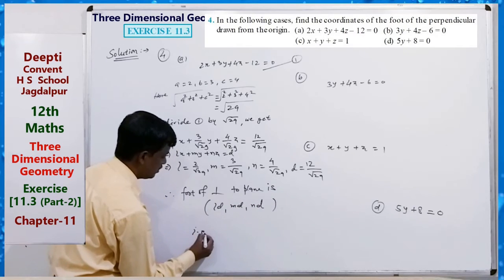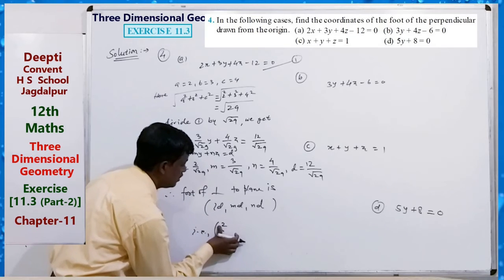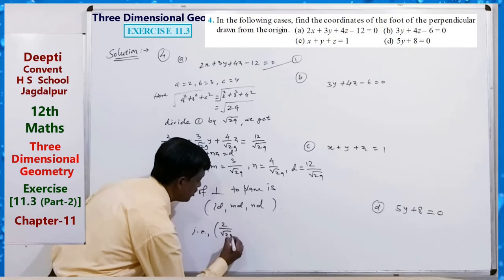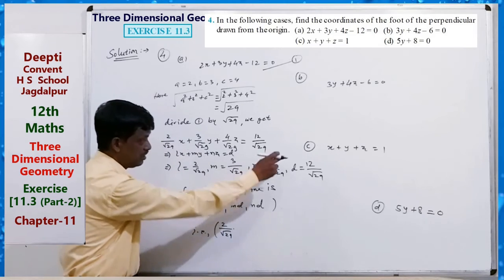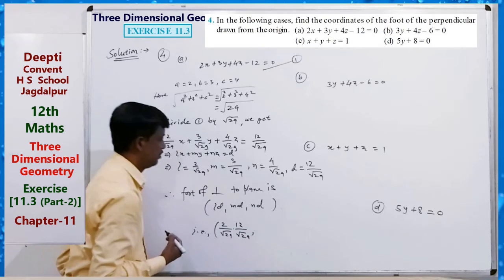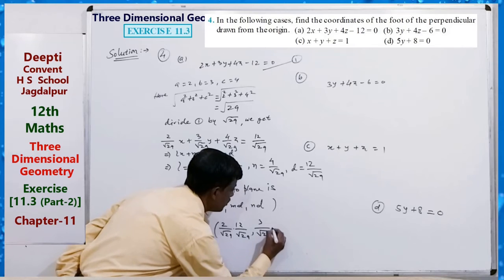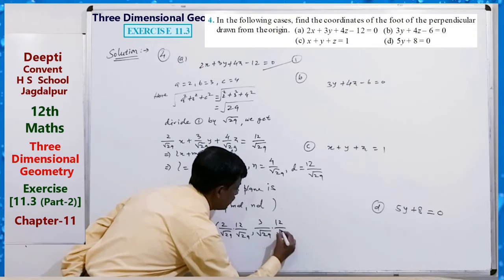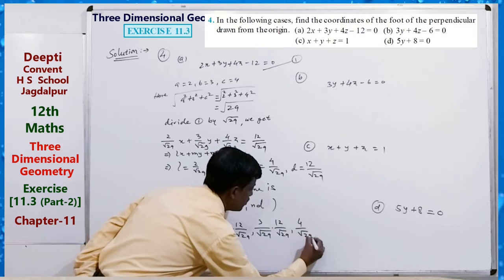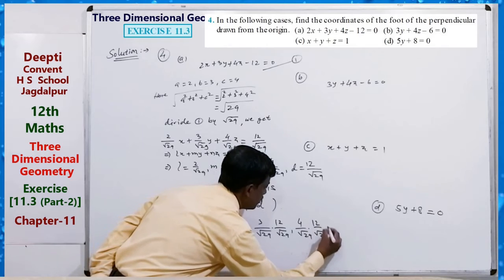That is, 2 by root 29 into 12 by root 29, then 3 by root 29 into 12 by root 29, and 4 by root 29 into 12 by root 29.